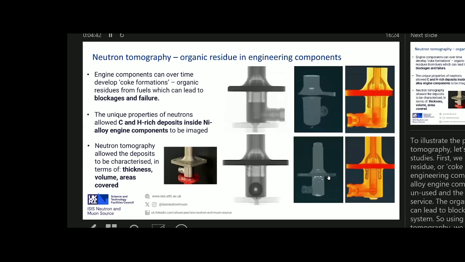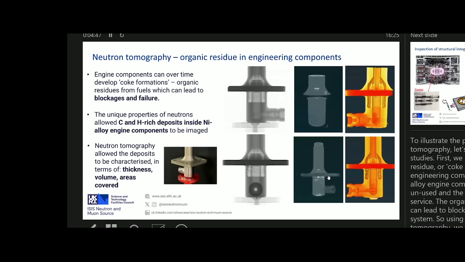Following are some examples of how neutron imaging can be used for industry. This one is a fuel nozzle from an aerospace company, and they would like to see if there is any coking inside the nozzle.